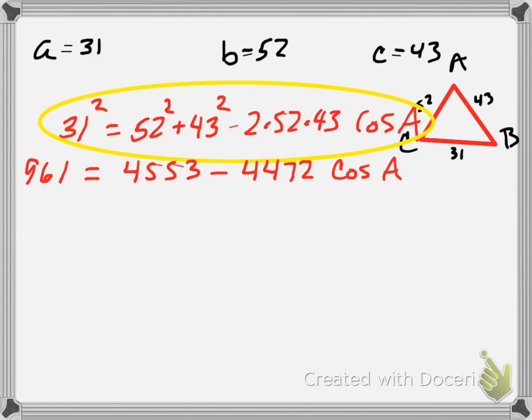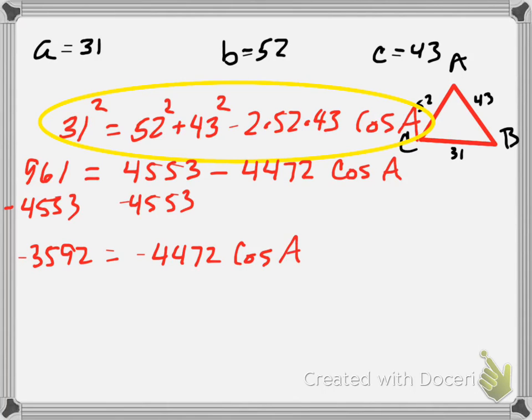So you first need to subtract the 4553 over to the other side. Get that over there. And then, since the negative 4472 is being multiplied by cosine A, we will divide.